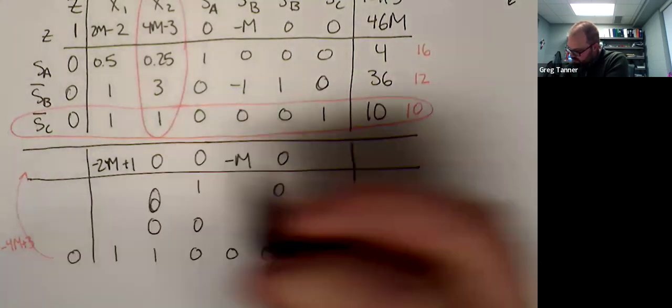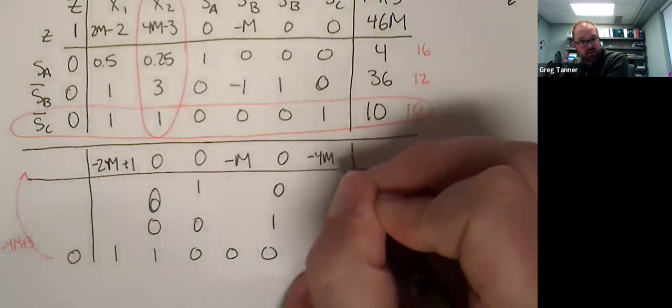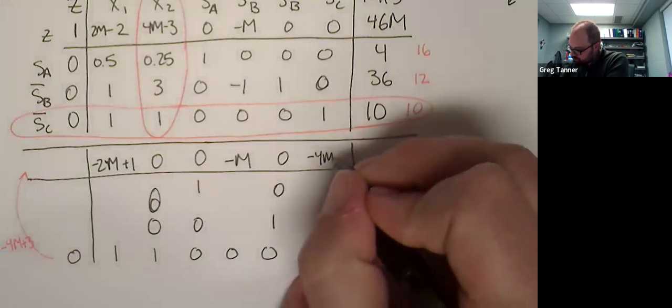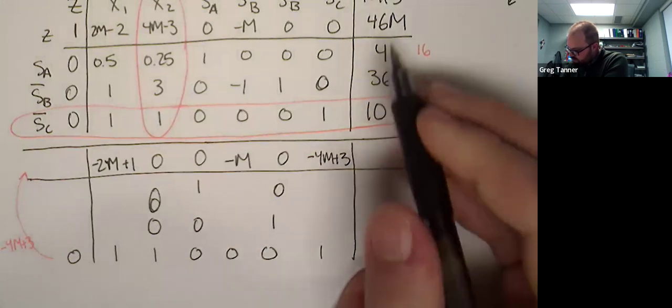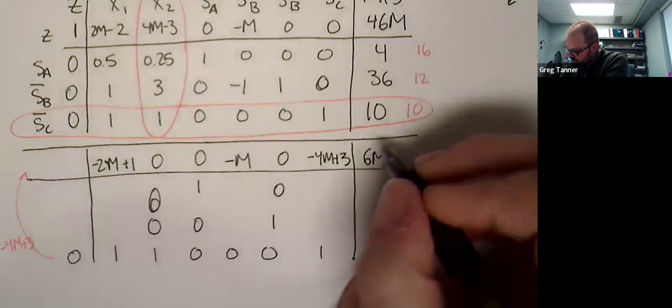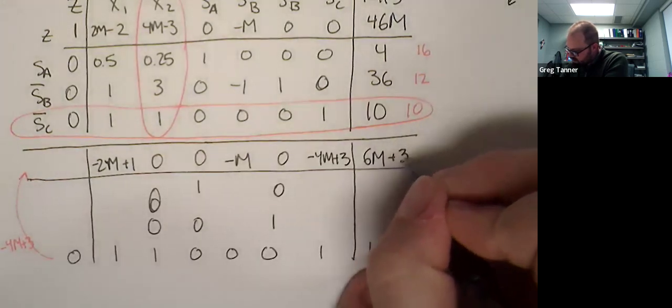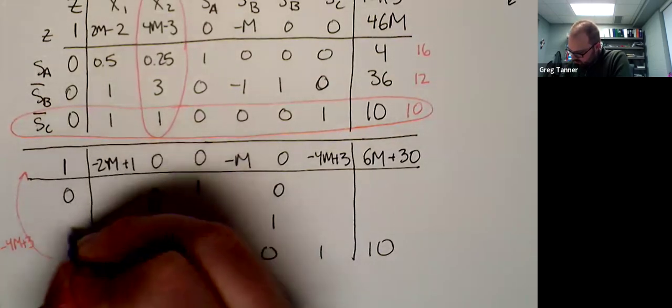And -4M plus 3 added up is going to make this -4M plus 3. We're going to get -40M plus 46M is going to leave us with 6M, plus 3 times 10 is 30. Okay, and this is going to be a 1 here, 0 and 0.